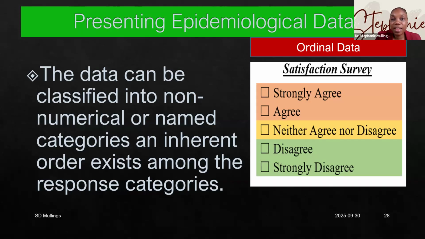For example, as is displayed on the slide here, we have strongly agree, agree, neither agree nor disagree, disagree, or strongly disagree. And you will tick one, and then you will tick whatever that question is asking of you, then you have one response. You can't say that you strongly agree on a point and at the same time disagree. So it's really a dichotomy again. It's either you are or you're not in that context.